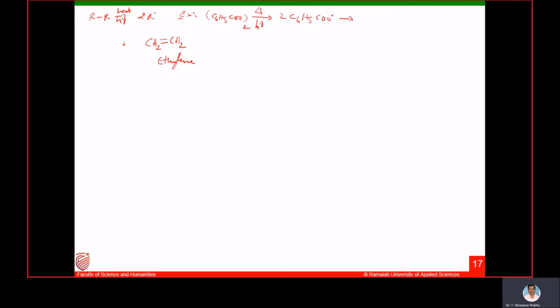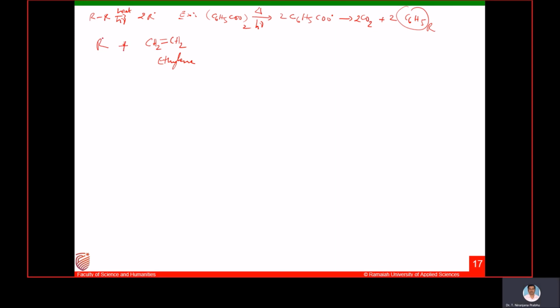2 C6H5COO dot. Further, carbon dioxide can be released and you get 2 C6H5 dot. This free radical dot will be on carbon. So this I can represent as just R. Now let us look at this.